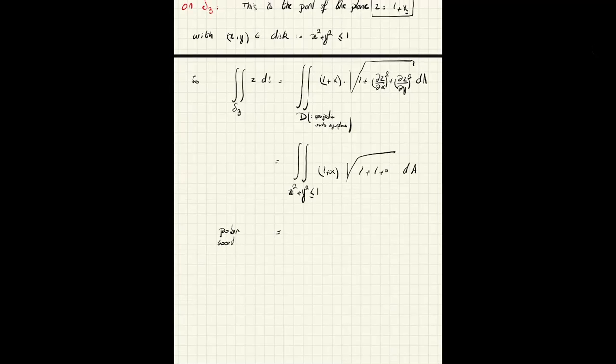See, so now everything's kind of gathered together, right? So it's 1 plus r cos theta, r dr d theta, r from 0 to 1, and theta from 0 to 2 pi.